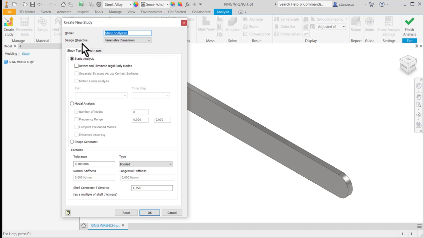I place here a name, parametric study of wrench, to be more specific.